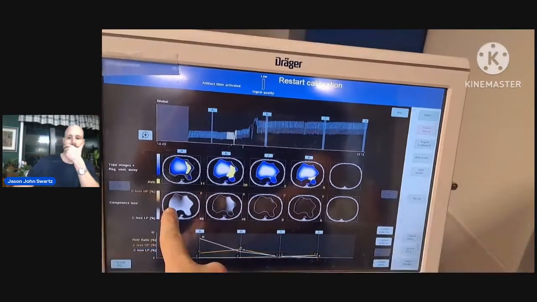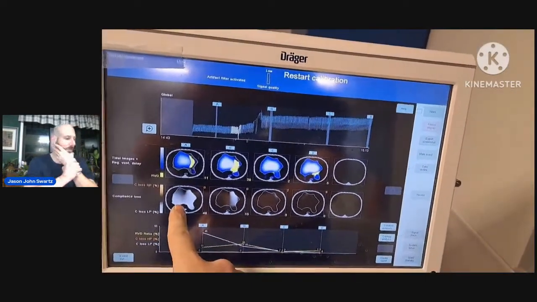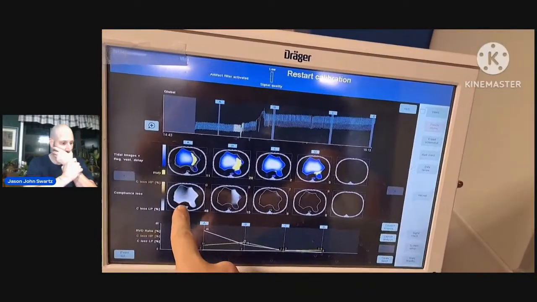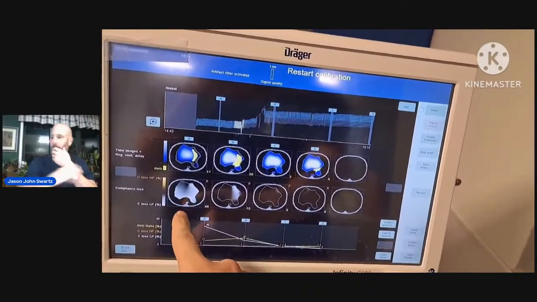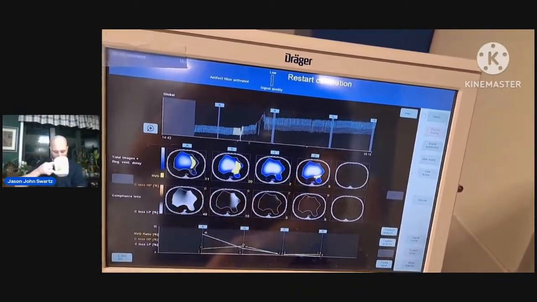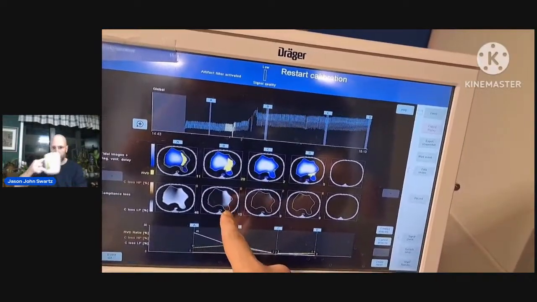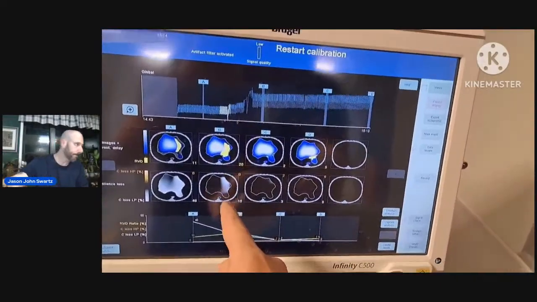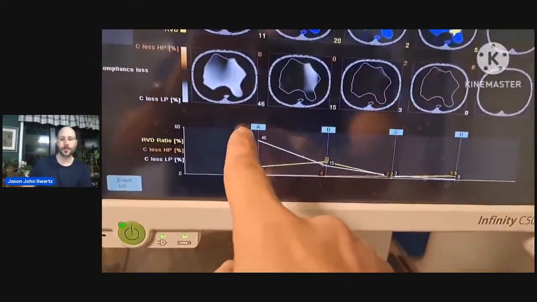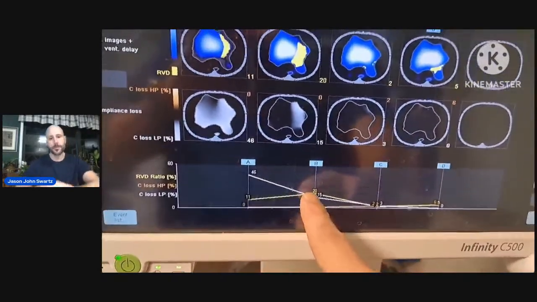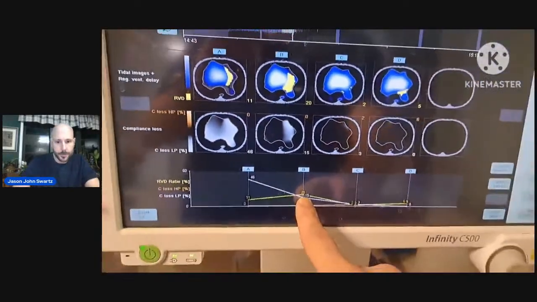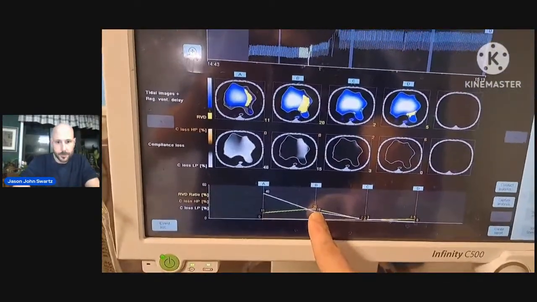When we're on PEEP of 10 on pressure support, well, it was PC-PSV, so it's kind of flow-cycled ACPC. And then after here, we just started the APRV. But already, look, it went down. There was a 30% improvement in compliance.